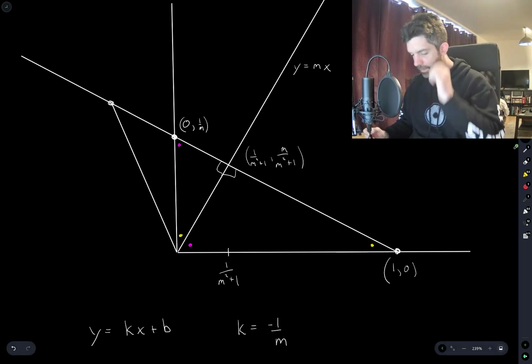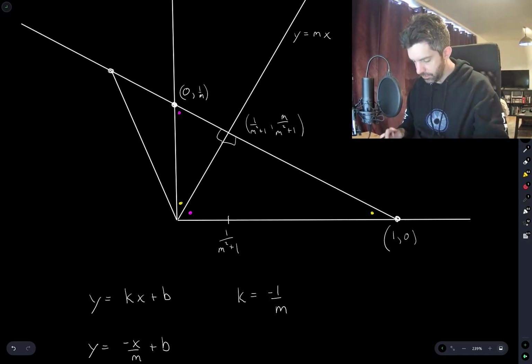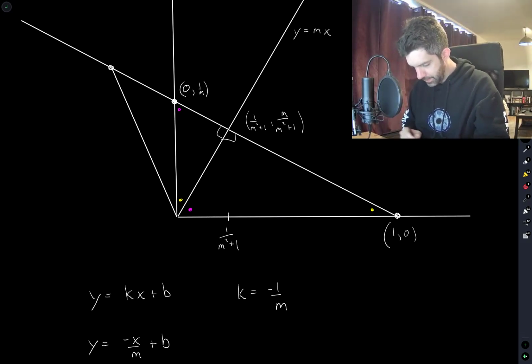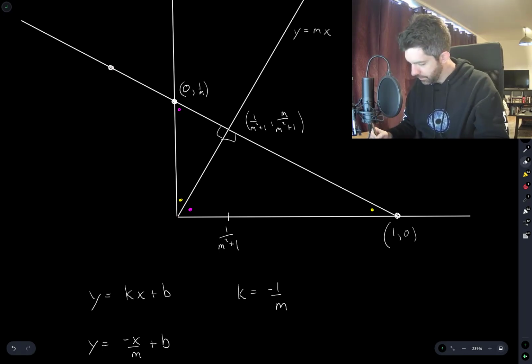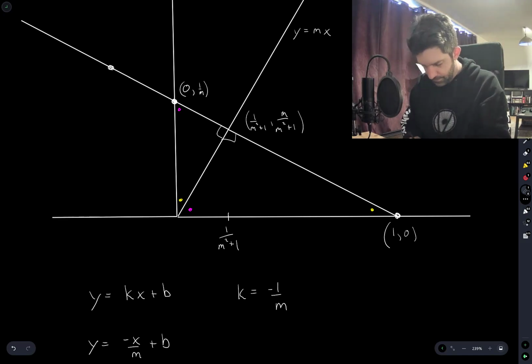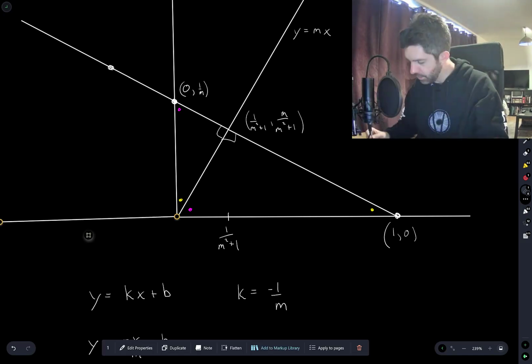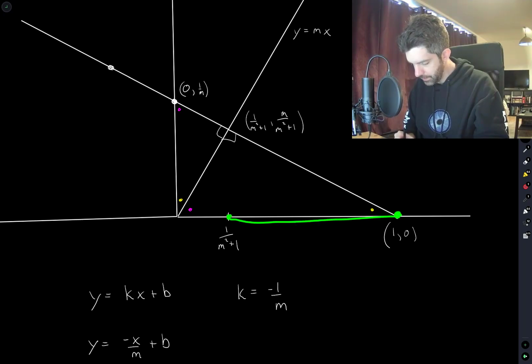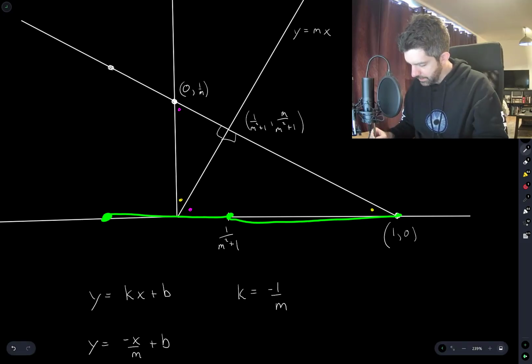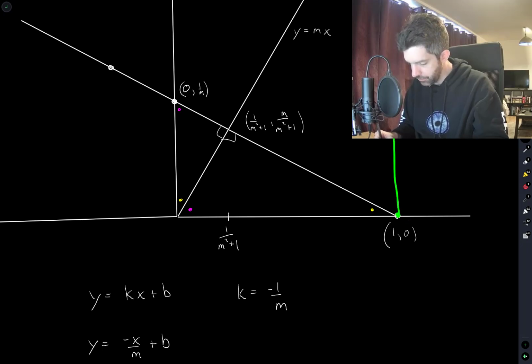Okay. So what I'm going to do now is, I don't need that line, but I want to figure out the coordinates of this point by knowing that in going from here to here, I've gone half the distance that I need to go to get to there. And in going from here to here, I've gone half the distance that I need to go to there.